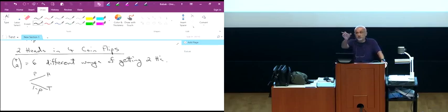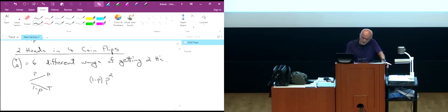And I have 4 independent tosses. 2 of these tosses are heads. That happens with probability what? P squared. And I want exactly 2 heads. So the other 2 have to be what? Tails. And that happens with probability what?